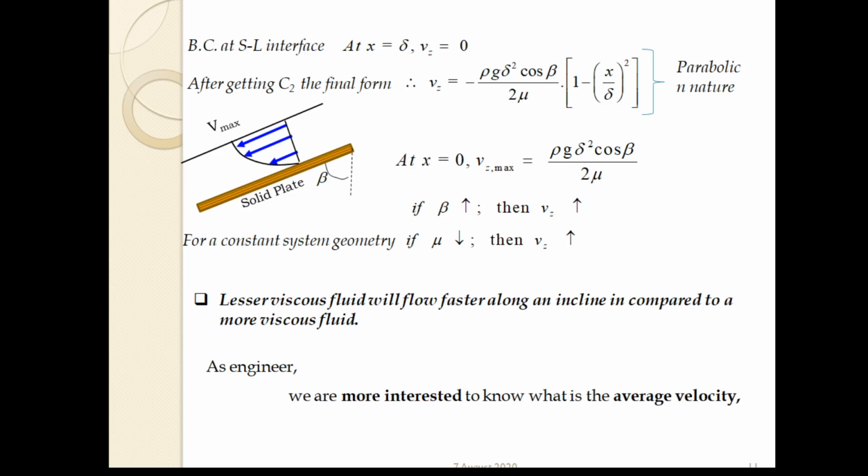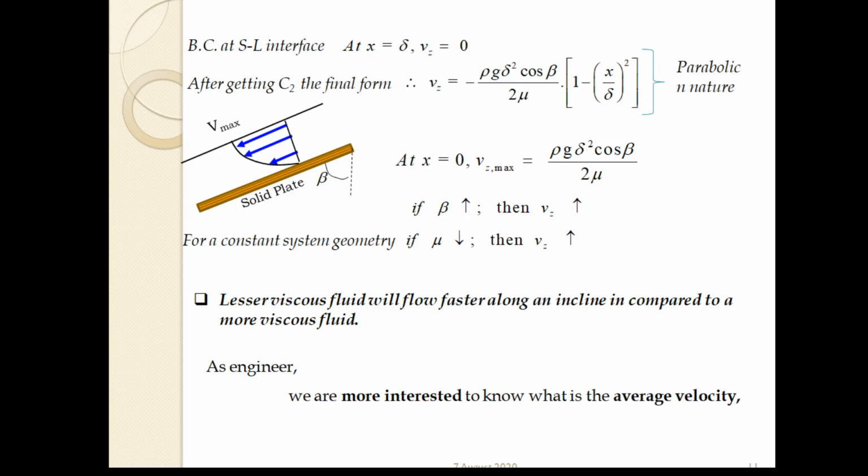So the velocity goes from 0 at the solid-liquid interface to the maximum at the gas-liquid interface, and it follows the parabolic path from x equals 0 to x equals delta.